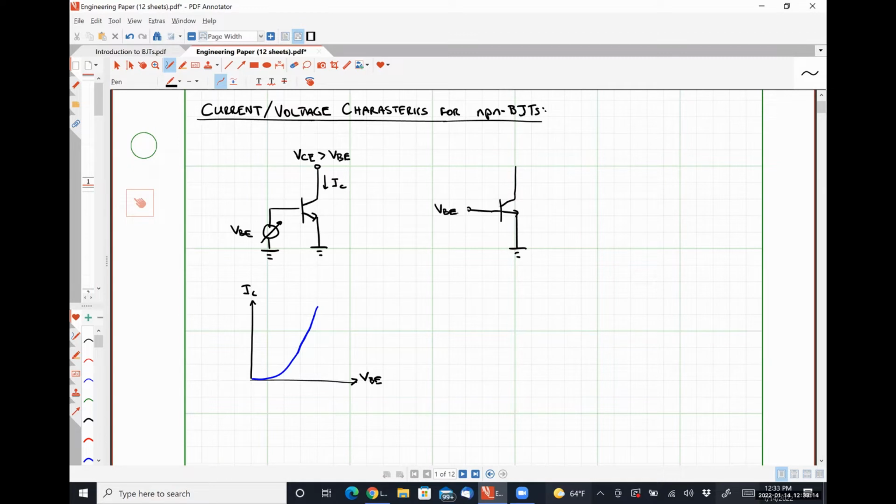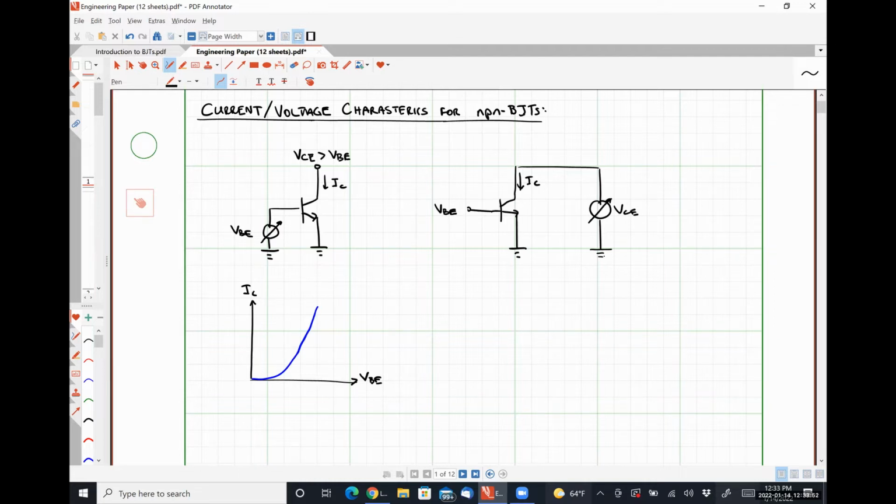For a constant value of VBE, I want to discuss how the collector current changes as a function of the collector emitter voltage, where this collector emitter voltage is nothing but VCB plus VBE. This is going to look very similar to the plots that we developed on Monday, except they're just going to be shifted over to the right a little bit.